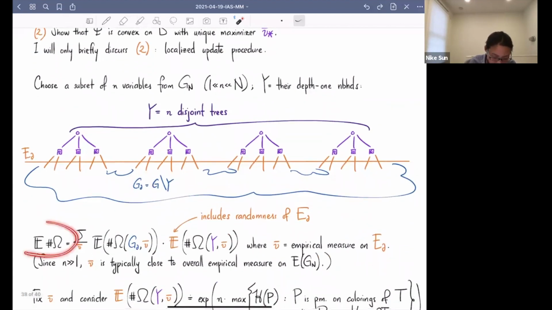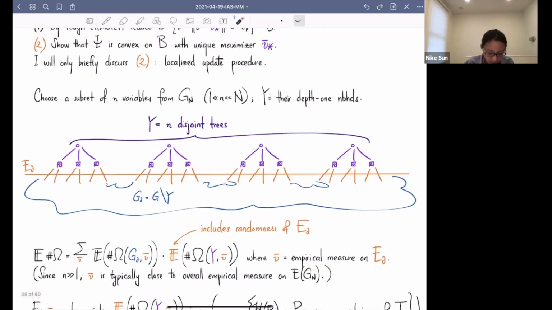So we can think about the expected number of configurations on the graph. One way that you can decompose it is to fix the empirical measure on the cut edges. Once you know the empirical measure here, you can randomize separately what is above and what is below. So below, I have some complicated random graph, which I don't understand. But the point is that above, it's something very simple.